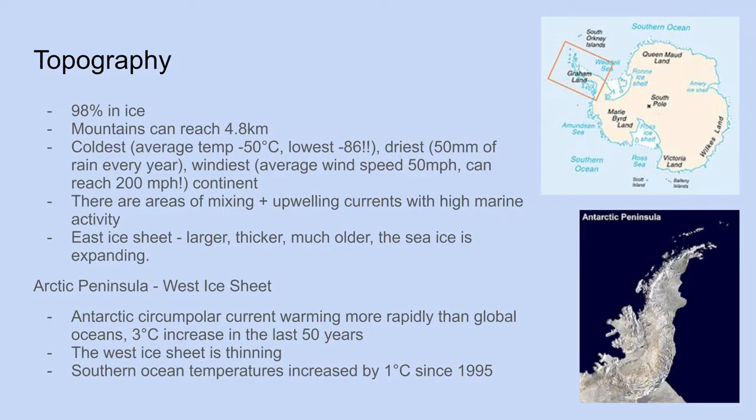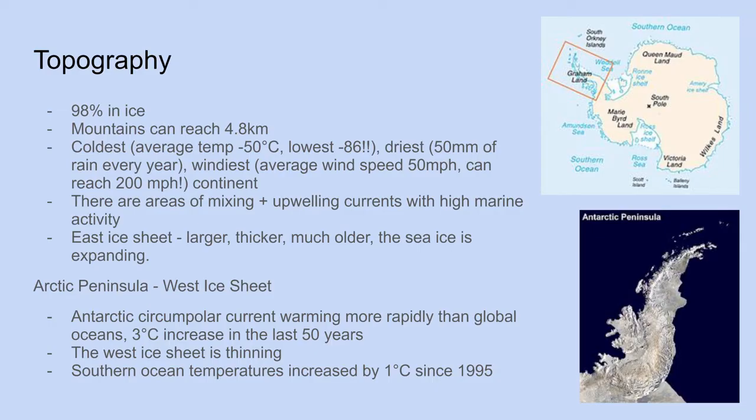Around the Southern Ocean and Antarctica, there are areas of mixing and upwelling currents with high marine activity, and these upwelling currents support phytoplankton, which provide food for, for example, Antarctic krill, which we will get onto.